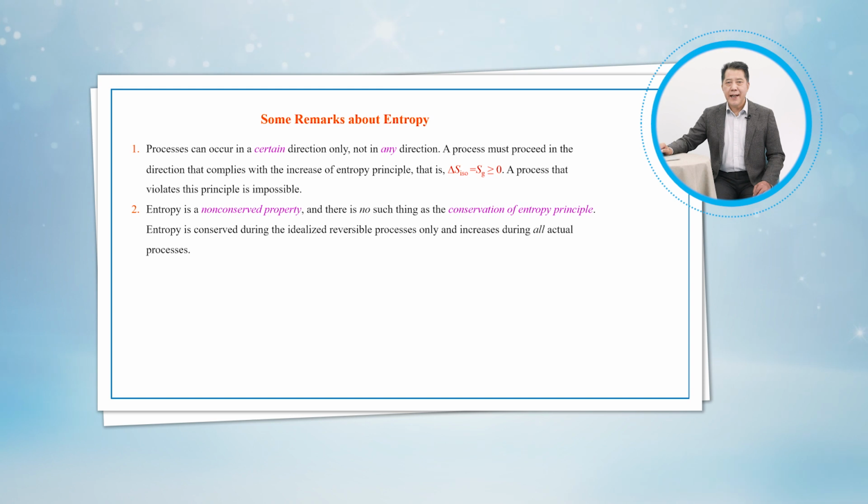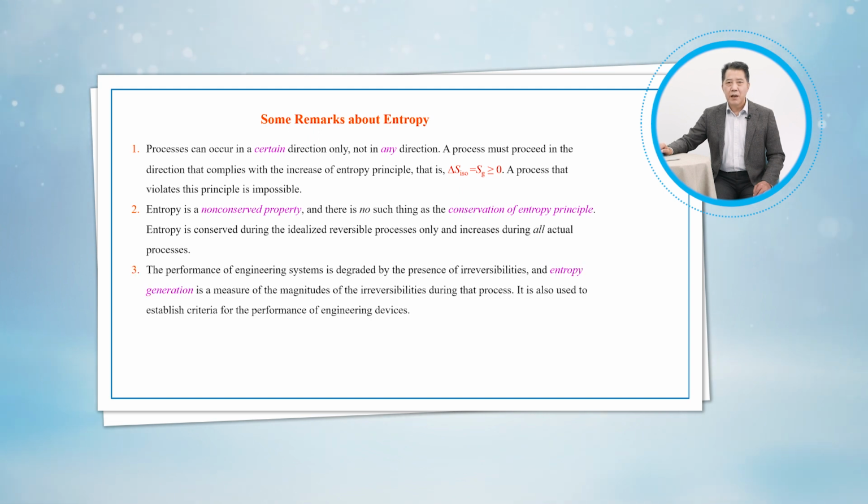Entropy is a non-conserved property, and there is no such thing as the conservation of entropy principle. Entropy is conserved during the idealized reversible process only, and increases during all actual processes.